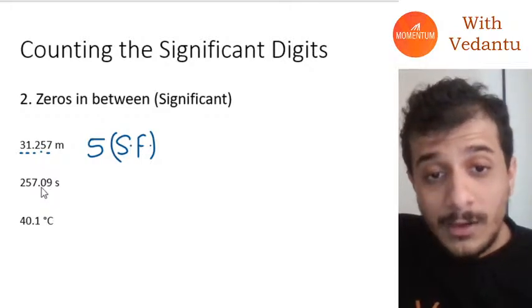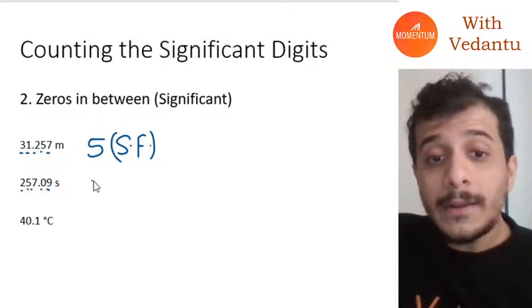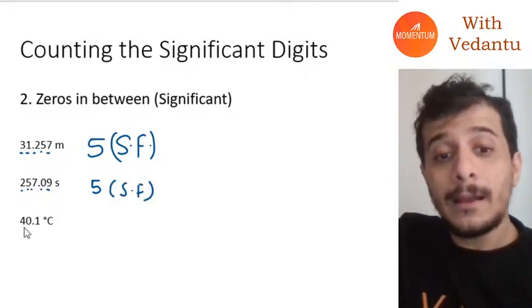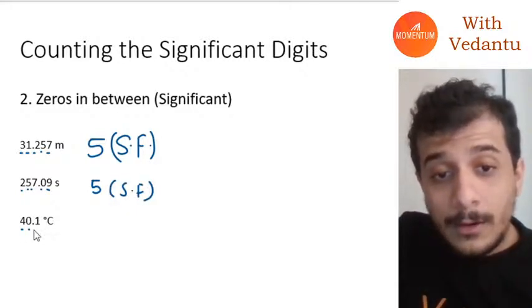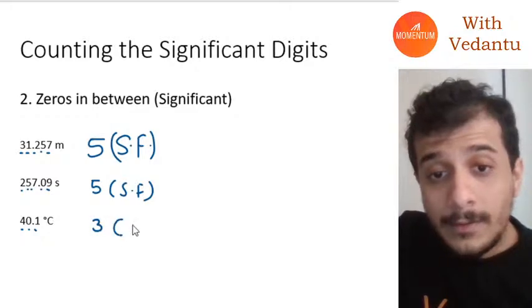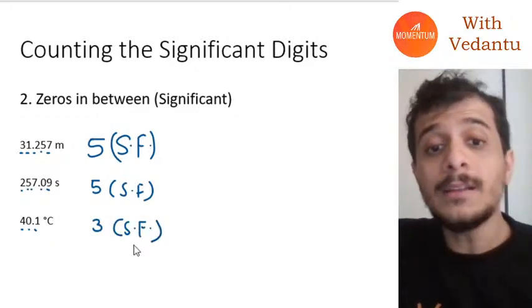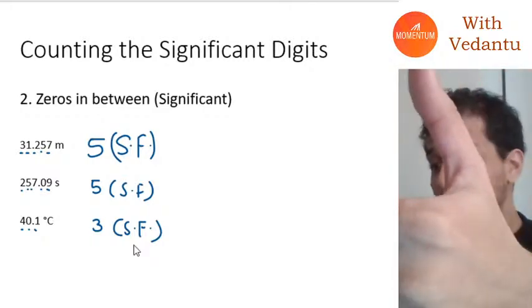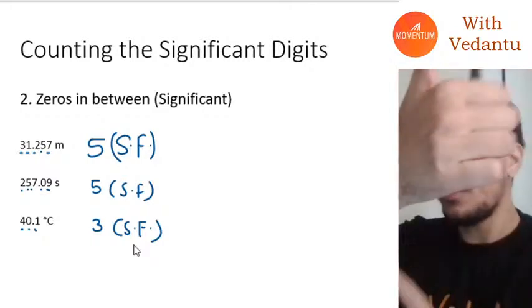If there is a zero stuck in between somewhere, then that zero is also significant. Here also I have five significant figures. If I am measuring temperature somewhere and I got this, here I have three significant figures. Anytime there is a zero in between, that zero is always counted.